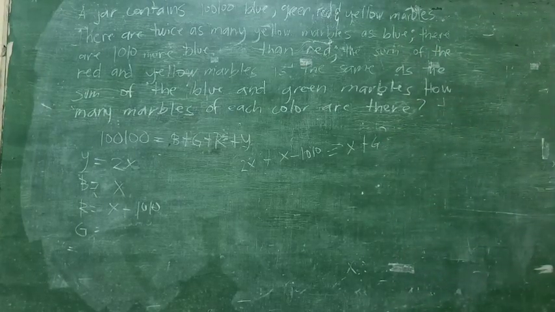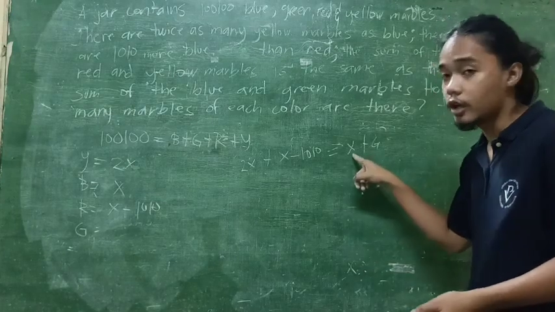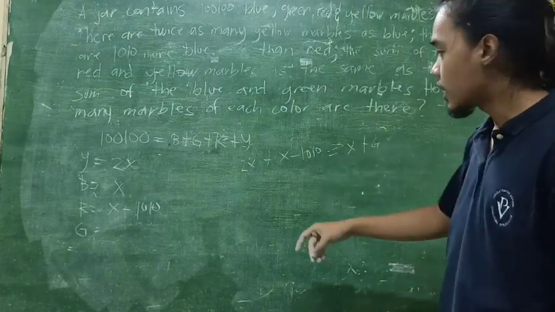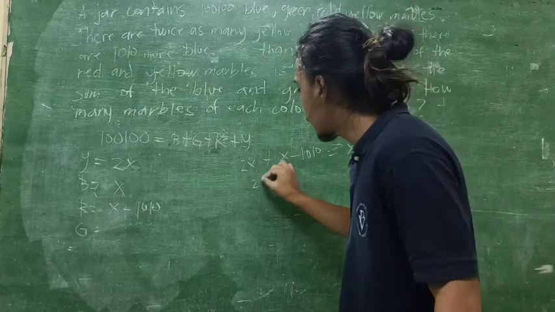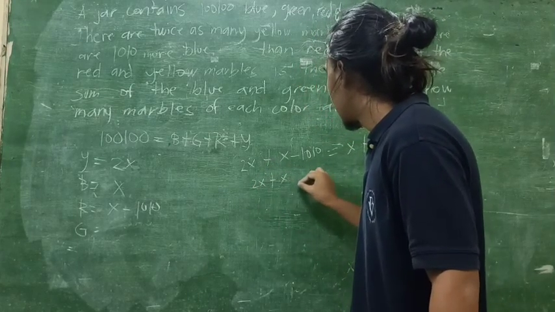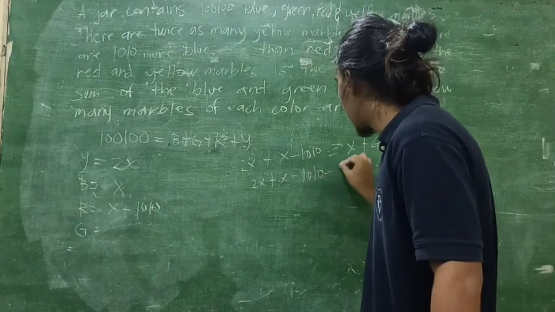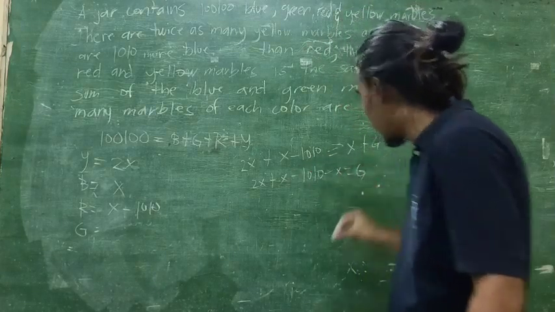So, combine like terms and transpose x to the other side. So, 2x plus x minus 1,010 minus x is equal to the green marbles.